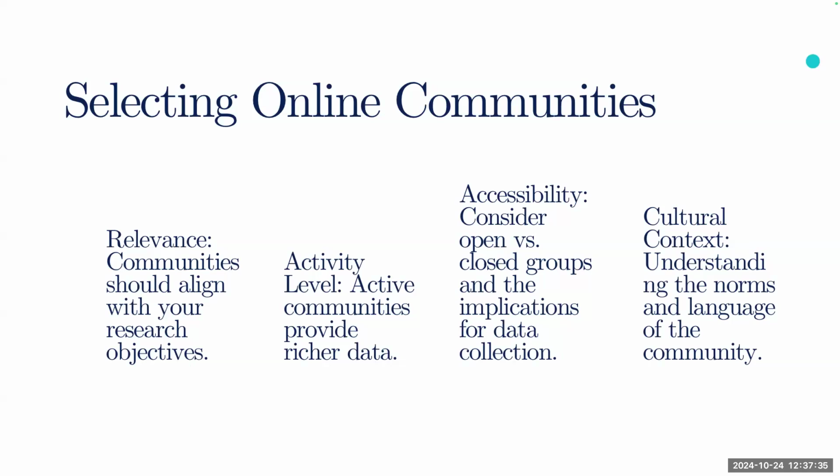plant-based lifestyle. The second thing that you want to look at as you're selecting your communities is activity level. Active communities, characterized by frequent interactions and a large number of participants, provide richer data because there's more availability. The ongoing dialogue allows researchers to observe dynamic discussions, changing sentiments, and emerging trends.